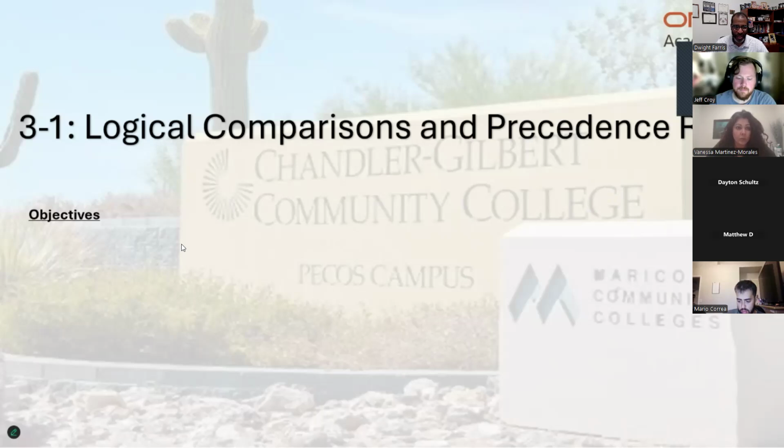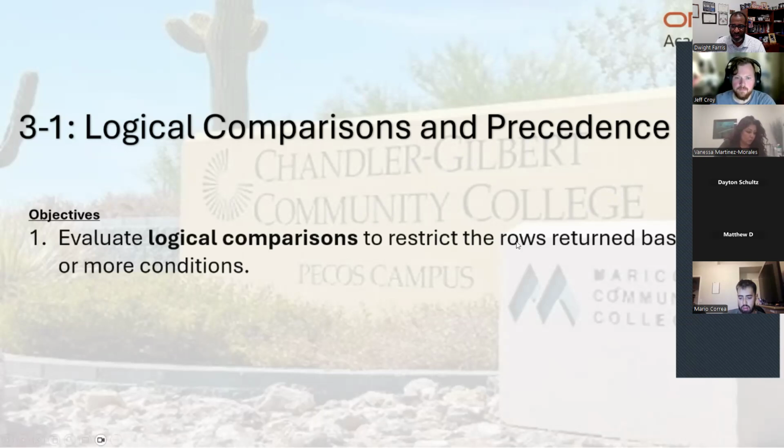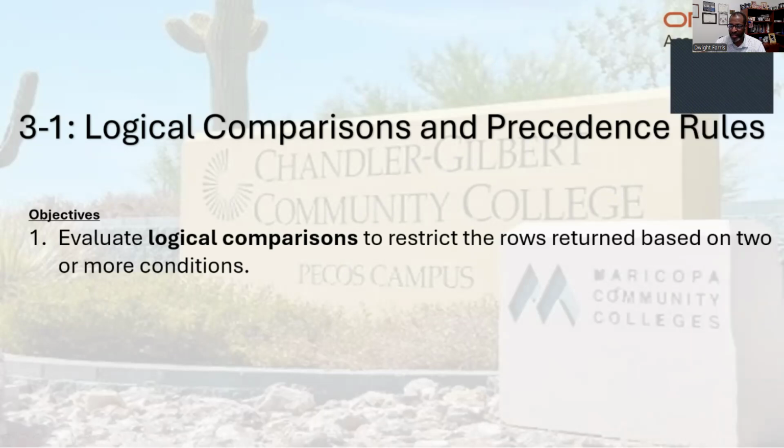So, topic one, logical comparison and precedence, which essentially will represent the order of how things occur. Our objective is to evaluate logical comparisons to restrict the rows returned based on two or more conditions.